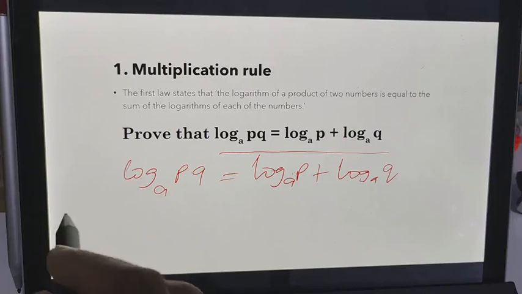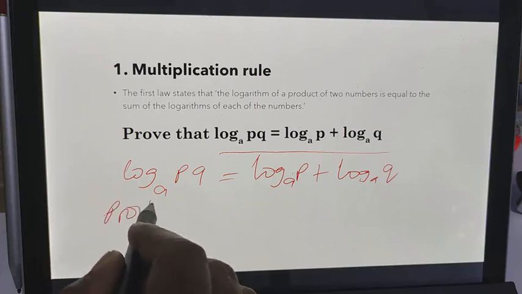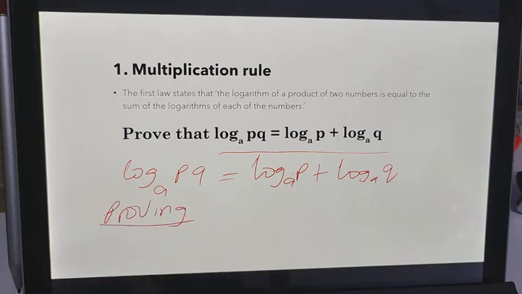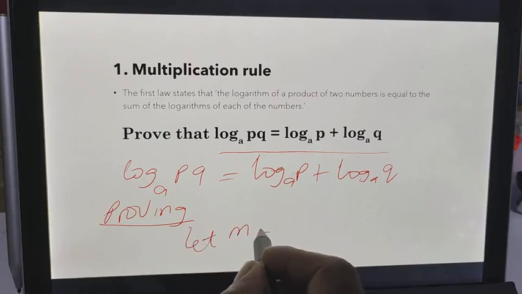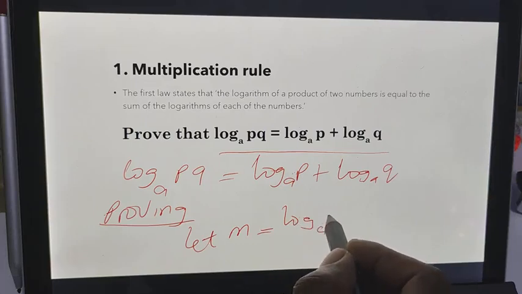So, let's prove it now. In this case, let m be equal to log p base a.